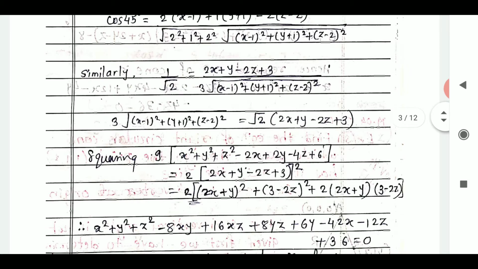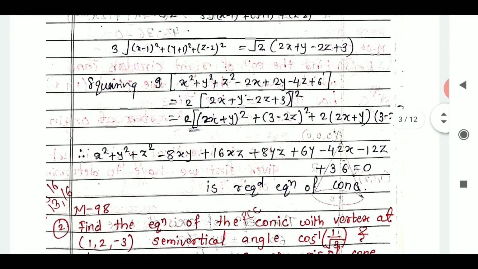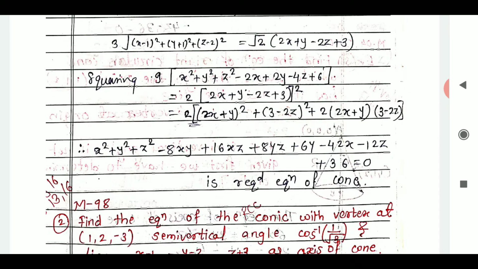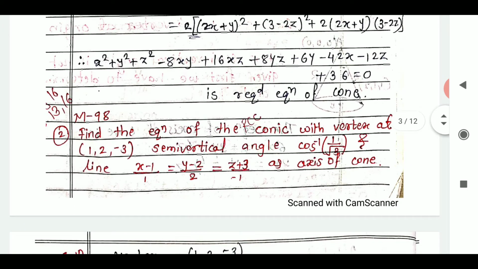We take a cross multiplication, then we take the squaring on both the sides and write the equation form. Write the coefficient of x square, y square, z square, then the terms of xy, xz, yz, then x, y, z and the constant. This gives the required equation of the cone.